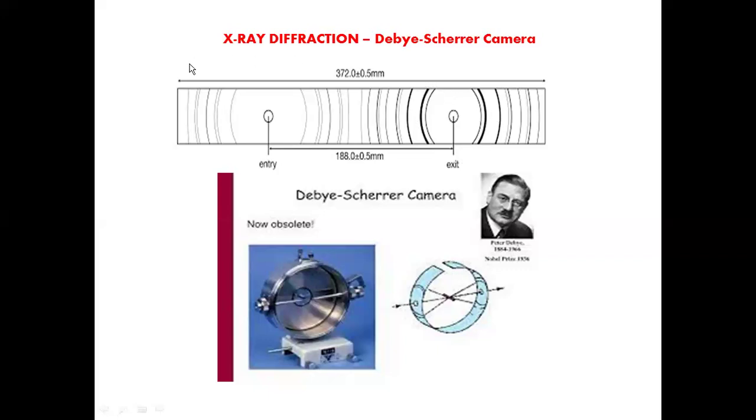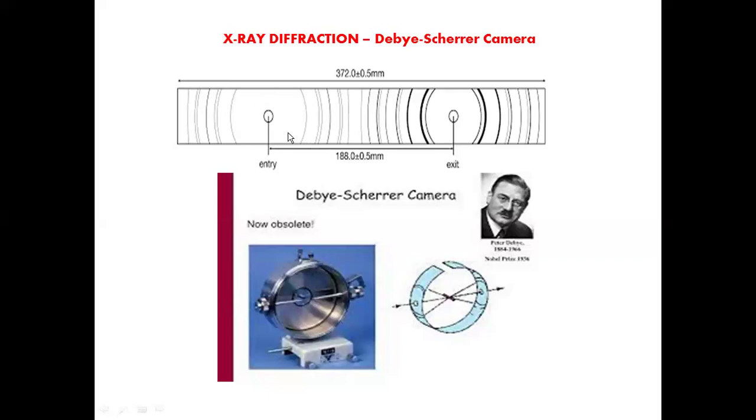And look at this X-ray diffraction pattern. What is observed is that the rings towards the exit hole are brighter or sharper, but the circular rings at the entry side are fainter and slightly broader.